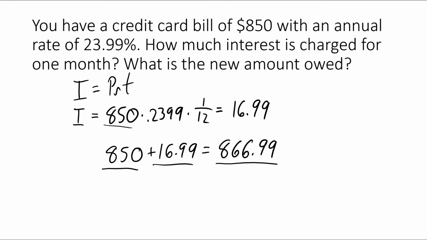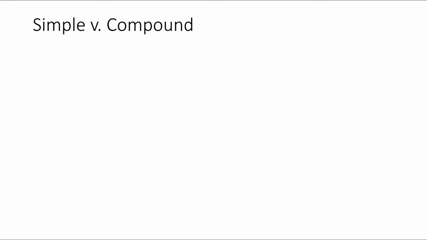All right. Now let's look at simple interest versus compound interest. Let's compare and contrast what they are. So we'll look at a simple interest account and a compound interest account. And we'll assume this compound interest account compounds interest semi-annually.